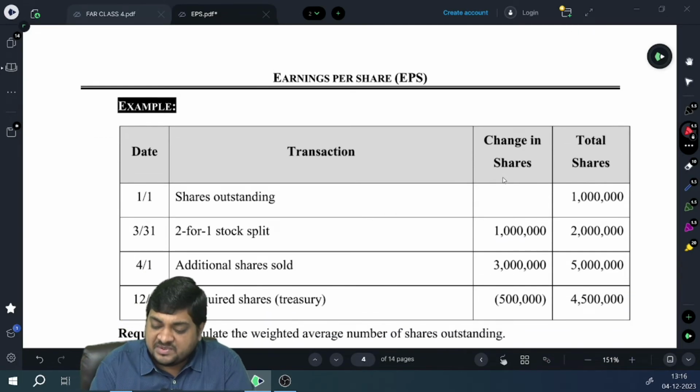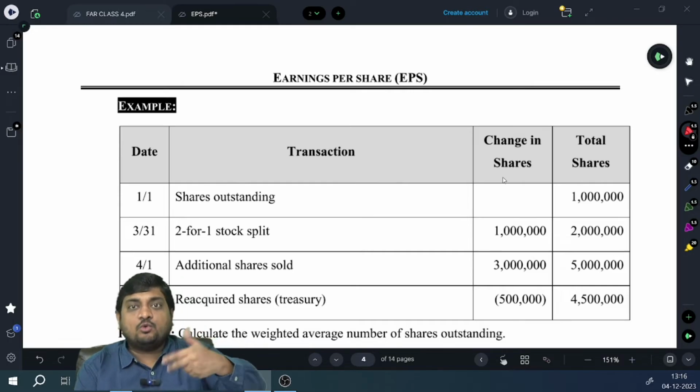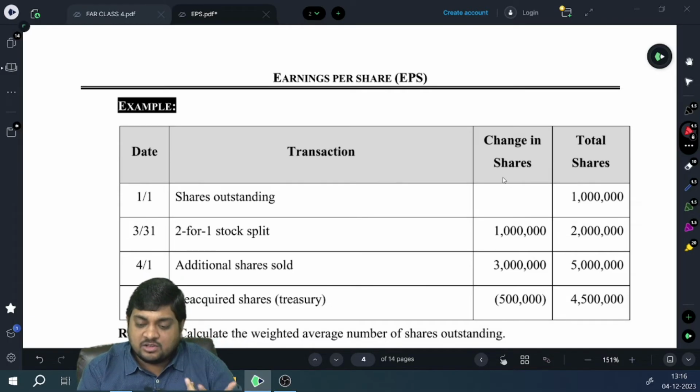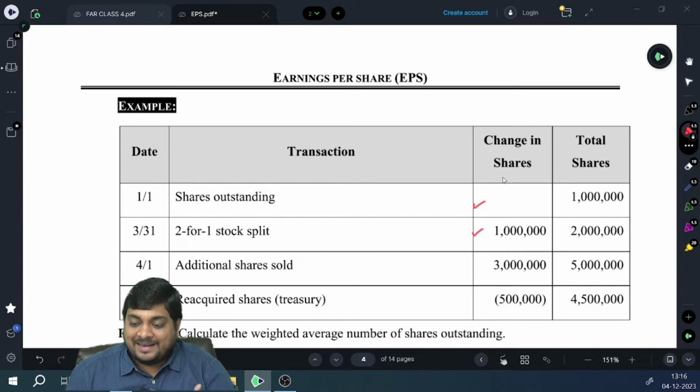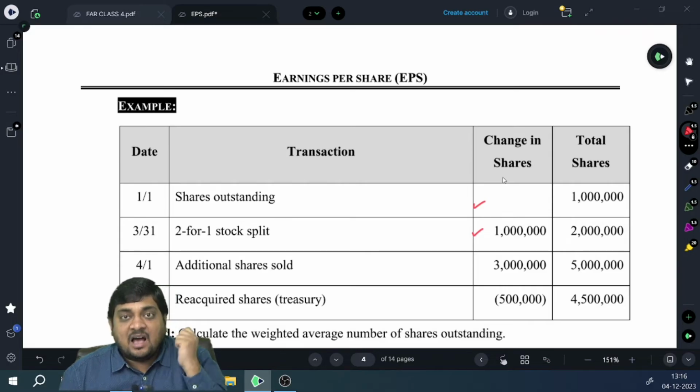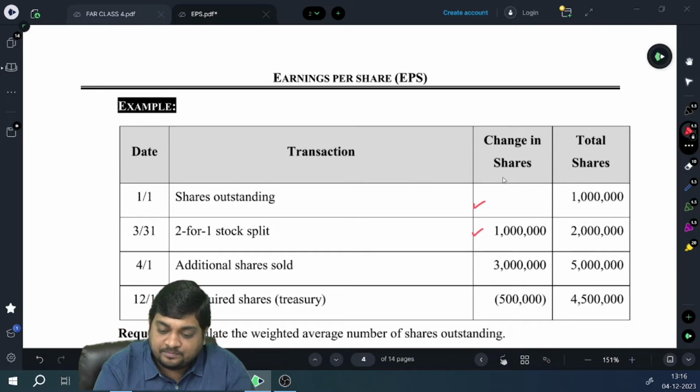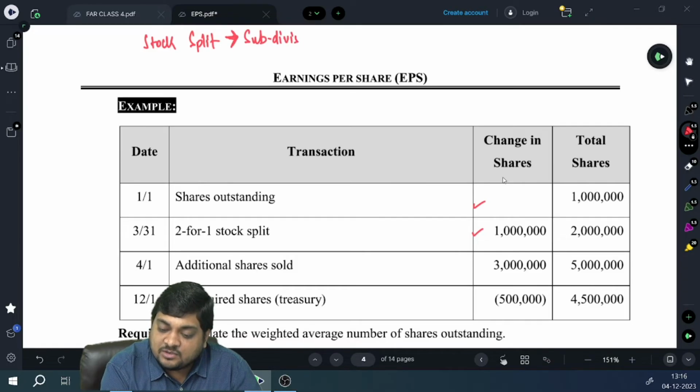We can calculate this weighted average in two ways. Initially the shares outstanding were 10 lakh, and then we had a stock split, so another 10 lakh is given. In case of a stock split, which is subdivision, the number of shares increases, however the total equity remains the same. In India we call it subdivision of shares.